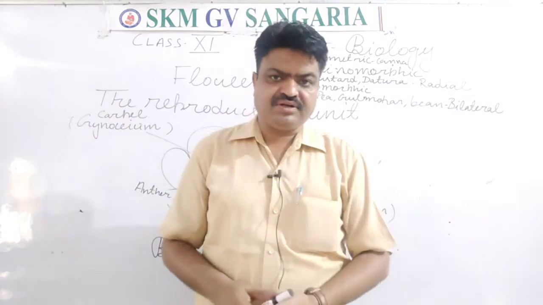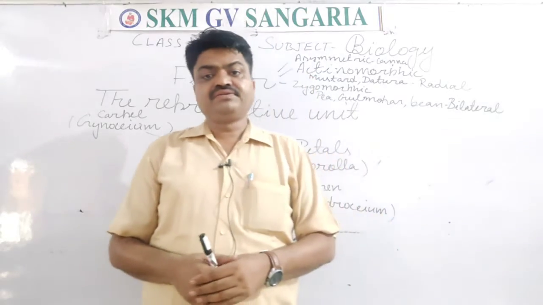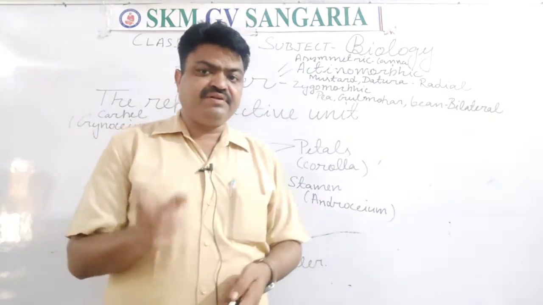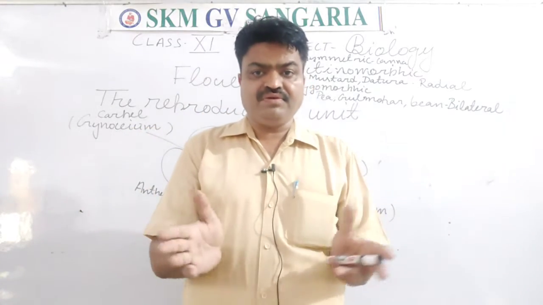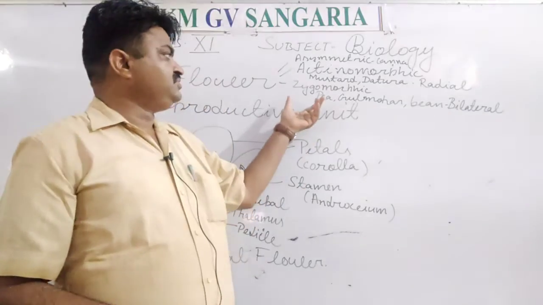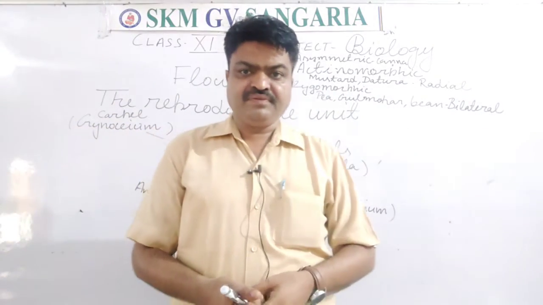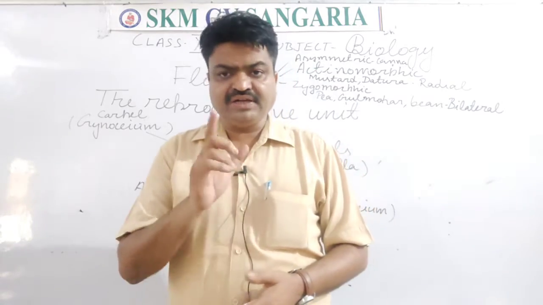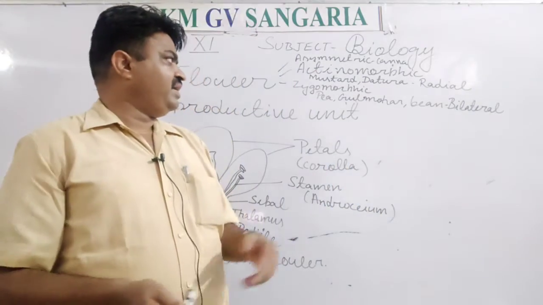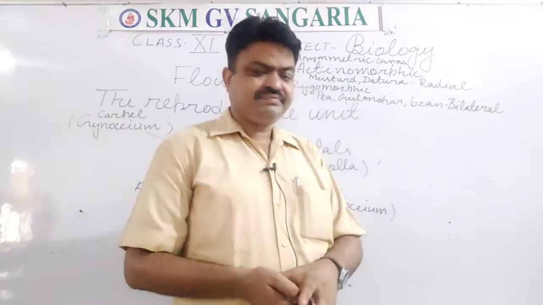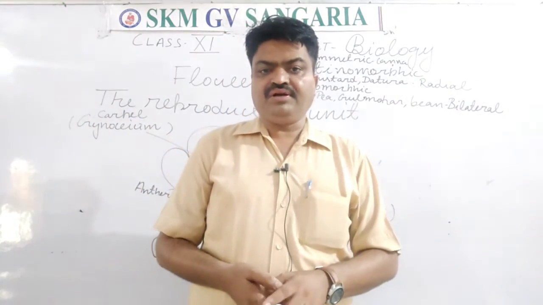Next is bilateral symmetry, students. Some flowers have bilateral symmetry, meaning we can divide them into two equal parts, and those flowers are known as zygomorphic flowers. What do we call them, students? Zygomorphic flowers. Examples of zygomorphic flowers are pea, gulmohar, bean and dhatura.